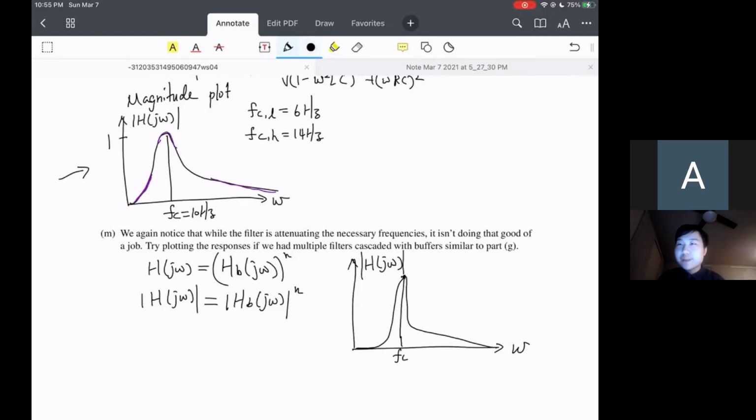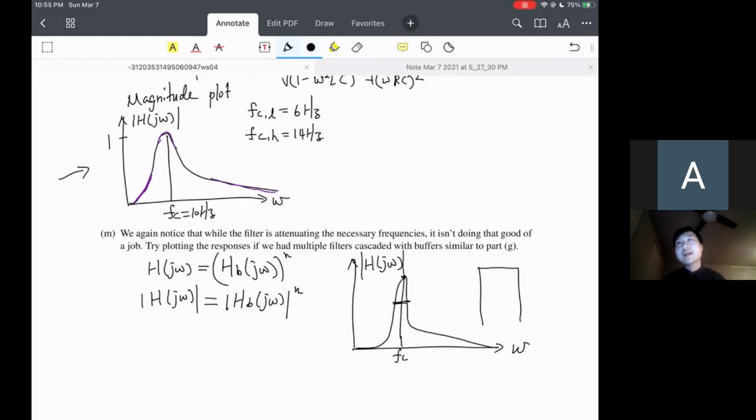So from this part, we understand that as we cascade a bunch of filters together, it's going to attenuate the unnecessary frequencies a lot better. But sort of as a trade-off, the thing in the middle also gets attenuated by a lot. So by actually saying the cutoff frequency, it really isn't like a jump. It really isn't like something like this, right?